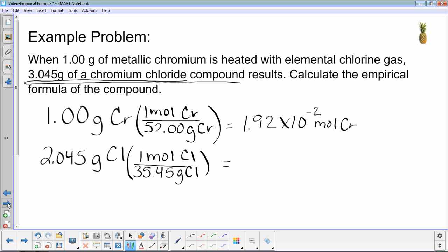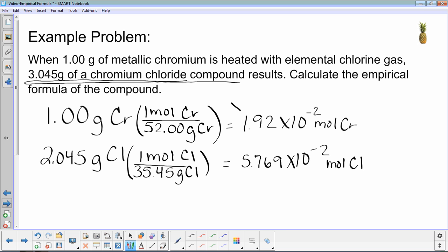And for chlorine, it's 2.045 divided by 35.45, giving me 5.769 times 10 to the negative 2 moles of Cl.